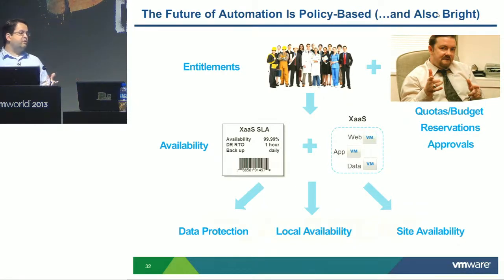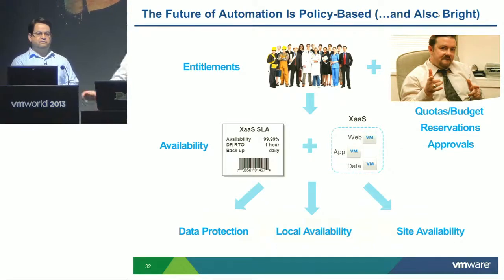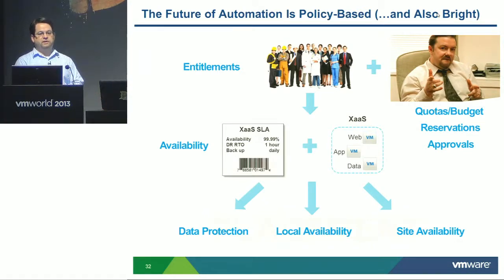So again, I don't think we can overemphasize the fact that really policy-based management is where you'll get the most value, not just in how quickly you'll be able to deploy the solutions, but over time, it will cost you much less to maintain and keep working and expanding.